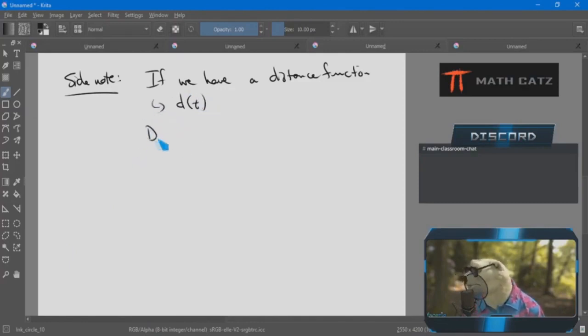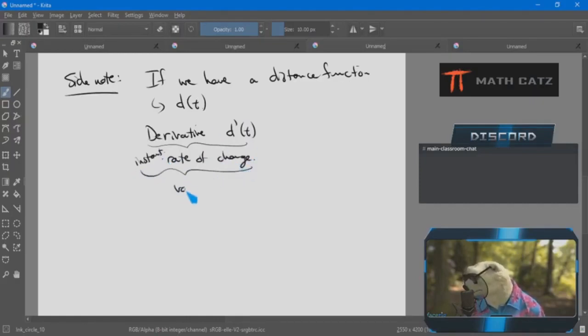Then the derivative, which will be d prime, well, this is the rate, so instantaneous rate of change, and the instantaneous rate of change is velocity, with the size being the speed and so on.